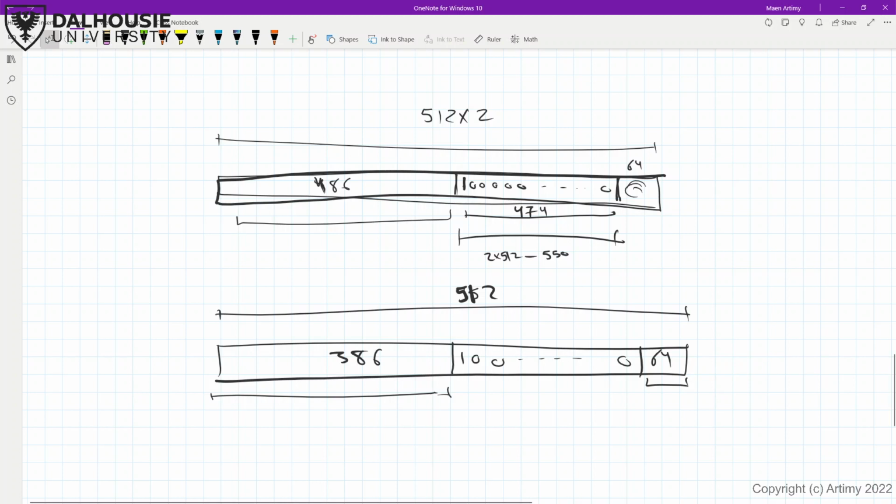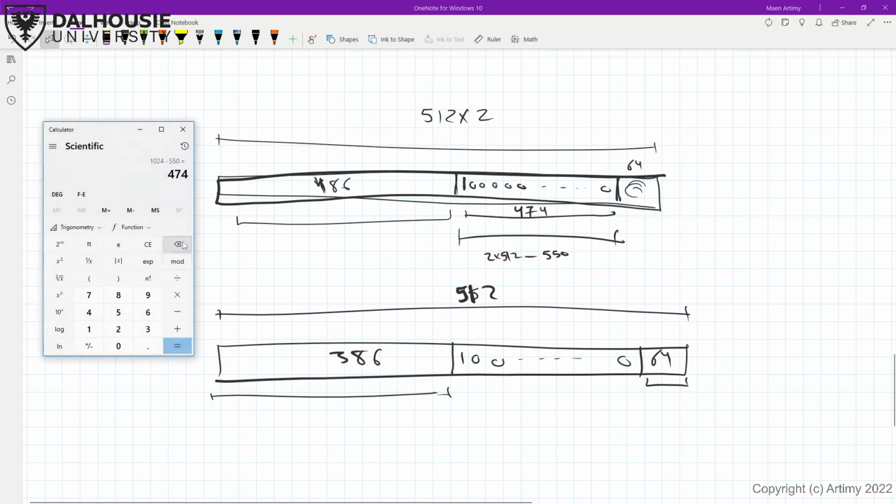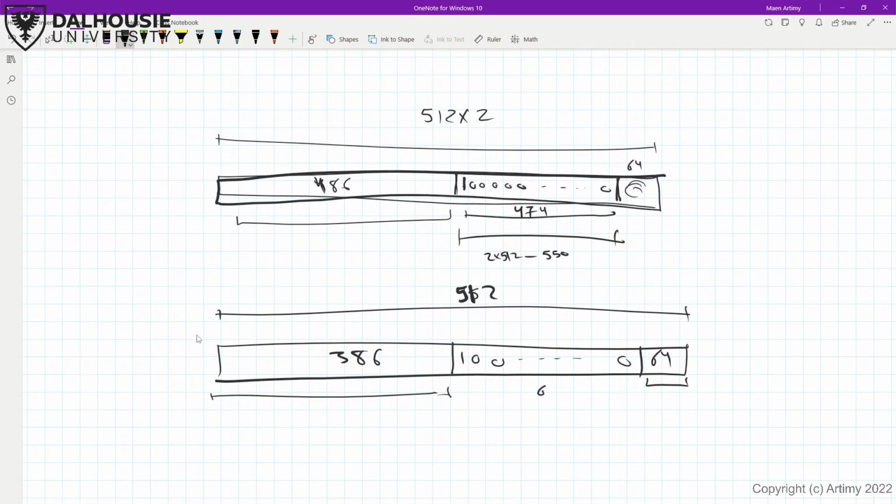In this case it's 512 minus 386 minus 64, so we have 62 bits that we fill here. In the first case, we want to make sure that it's a multiple of 512, so we enlarge it to 2 blocks of 512. In the second case, 1 block will be sufficient.